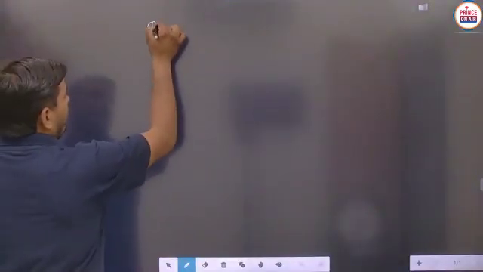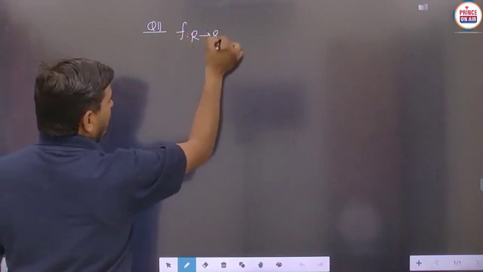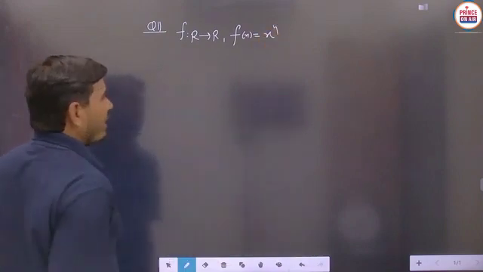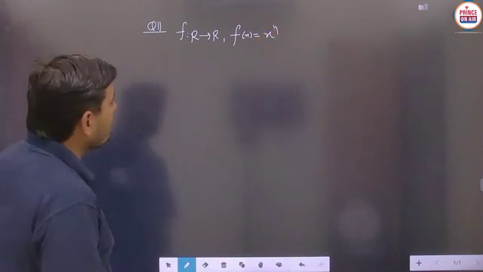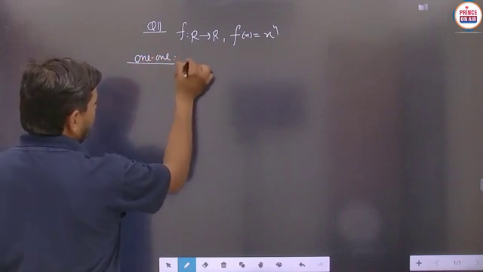Question number 11: f is taken from R to R, and the function f(x) is given as an even power of x, that is x raised to power 4. No problem. First of all we check the one-one case.